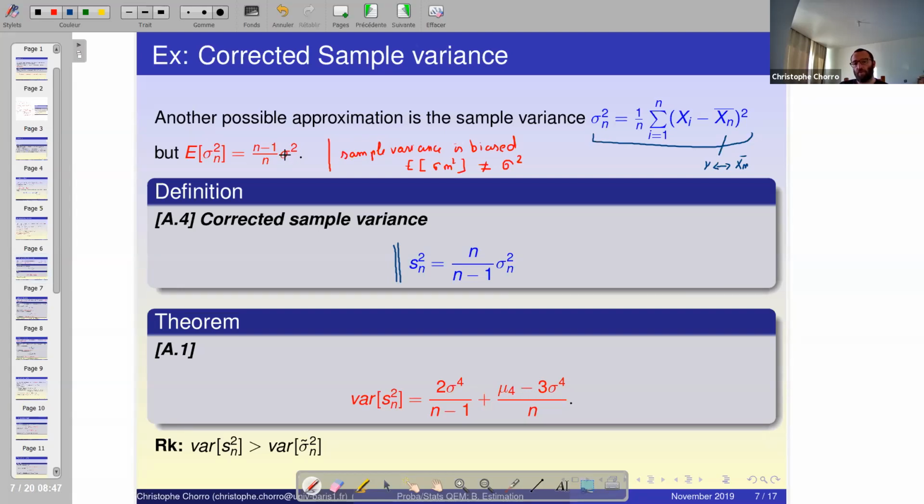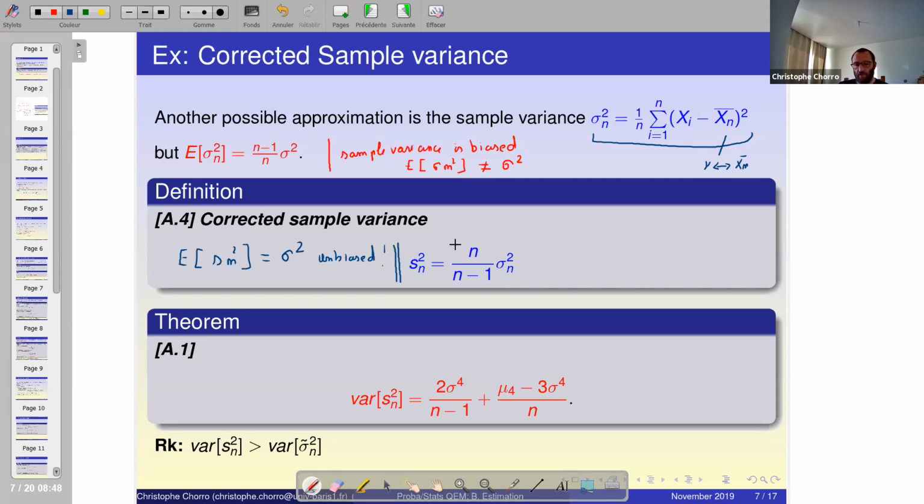That's exactly what we are going to do. We are going to correct the sample variance, multiply it by n and divide it by n minus 1 in order to obtain this estimator, the corrected sample variance, that will fulfill the expectation of Sn square is by construction sigma square. So you have something that is unbiased.